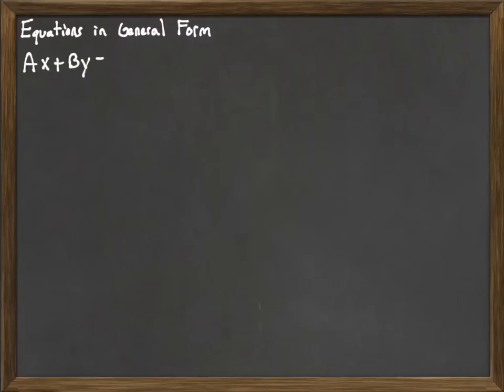Now, in any case, it's where the x and y variables are on the same side. Now, the last case is what some people would say is general form, although some textbooks, especially with the online homework, tend to allow sometimes other versions than the most strict one.